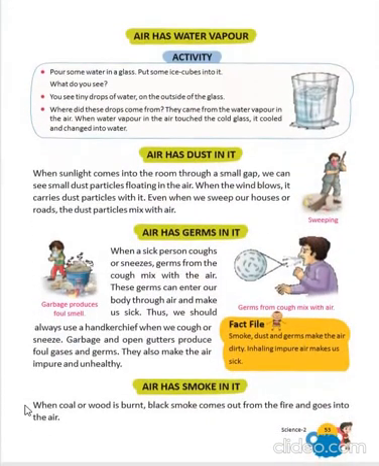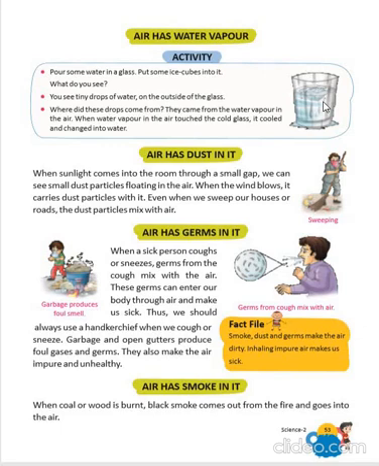Now let's learn. Air has water vapor. How can you show that air has water vapor? Let's do this activity. What we have to do in this? Let's pour some water in this glass. Then put some ice cube into it. Then what do you see?